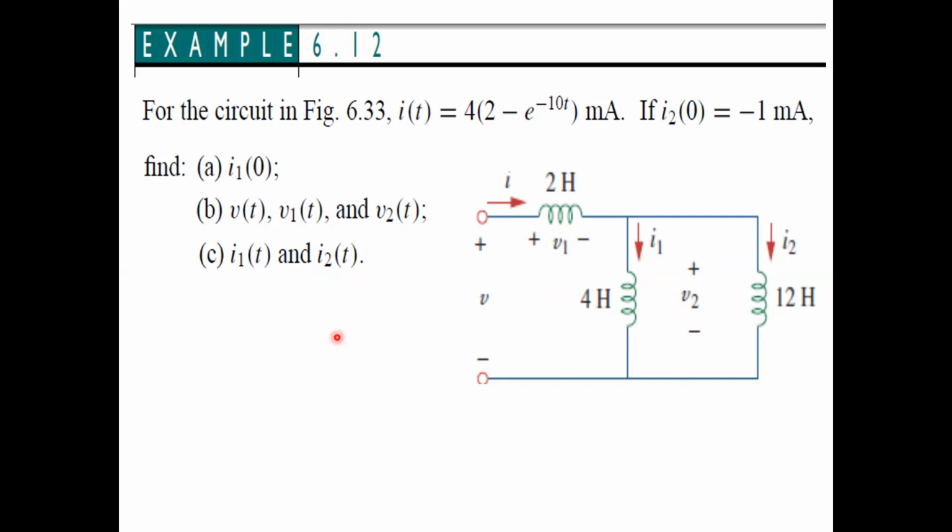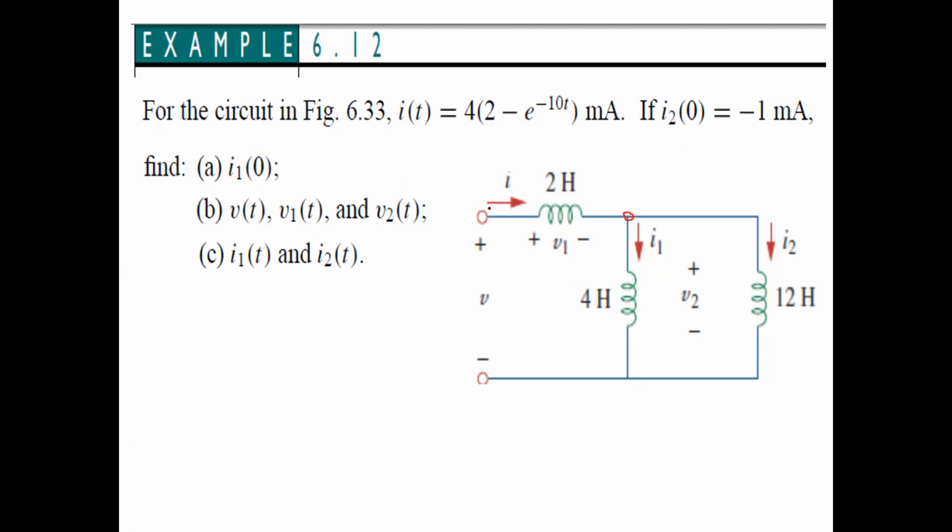So what should be our approach? We are only given this and we have to find the initial value of current through the 4 Henry inductor. It's very easy, as first of all you have to see that you can apply KCL at this node.